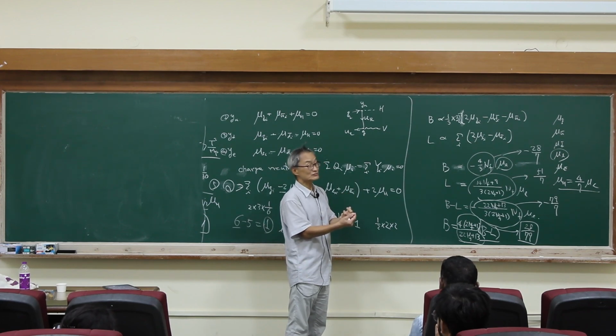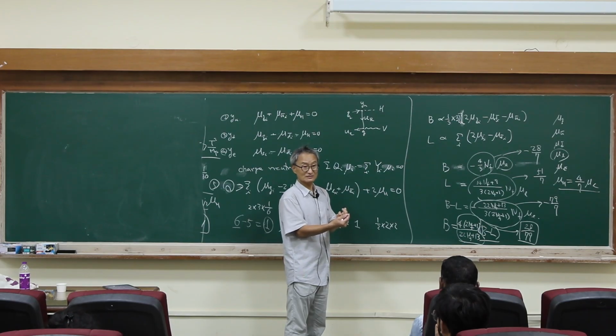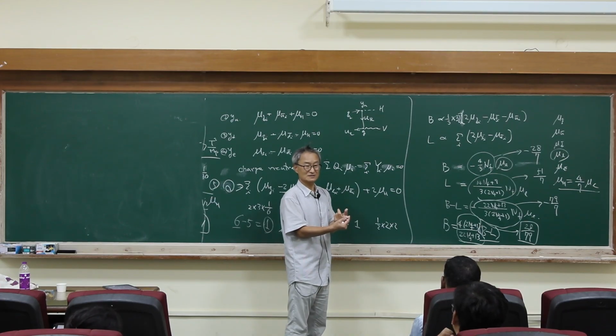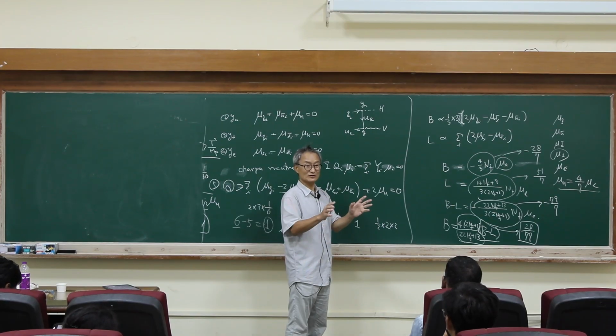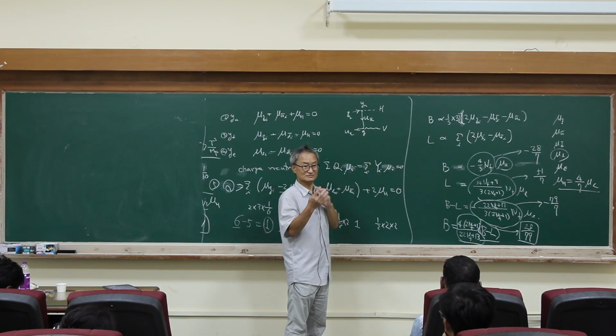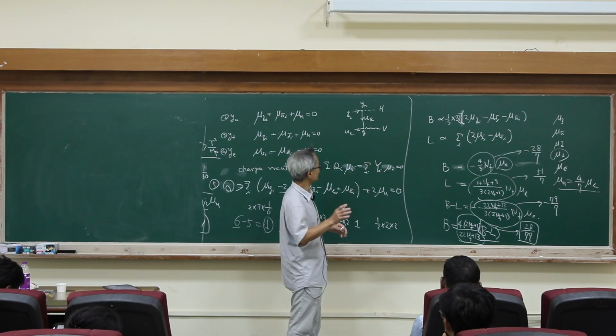The SU(3) gauge coupling, the fine structure constant of QCD, is 0.1. Electromagnetic is about 1 over 100, and weak is 1 over 30. So they are usually much stronger interactions than the Yukawas, except the top quark. So they are always there.